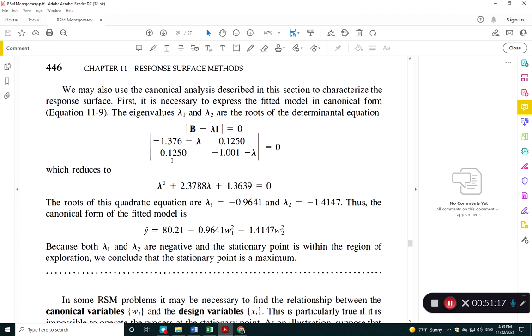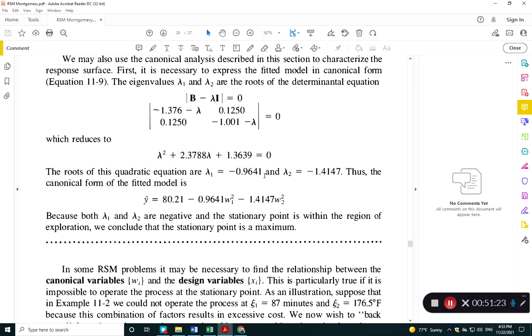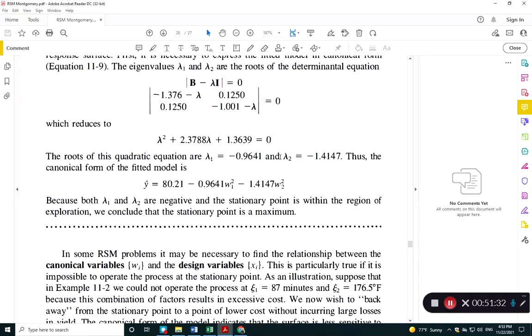So by doing this, you'll have your quadratic term identified, and then you can solve your quadratic term. If you want to use an Excel solver, that's fine. If you want to just look at SAS to compare your answer, that is fine.